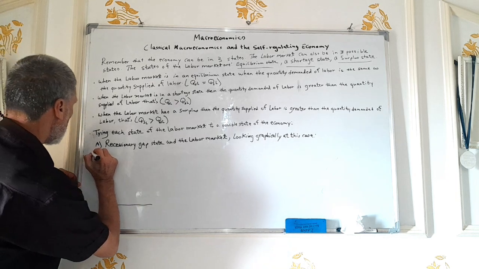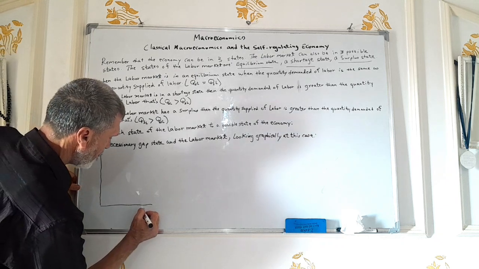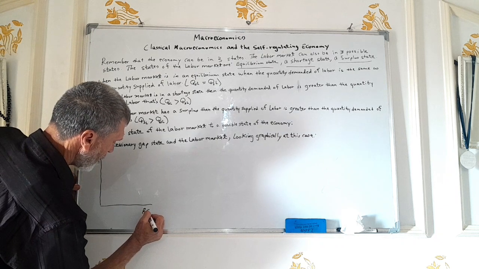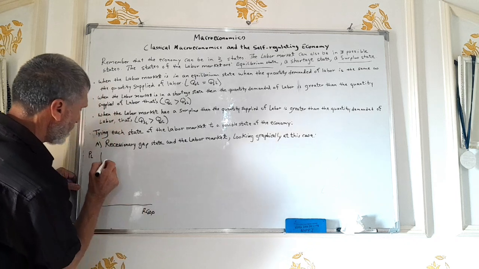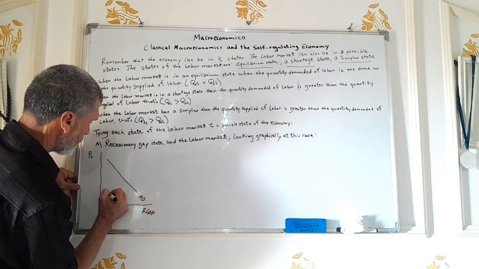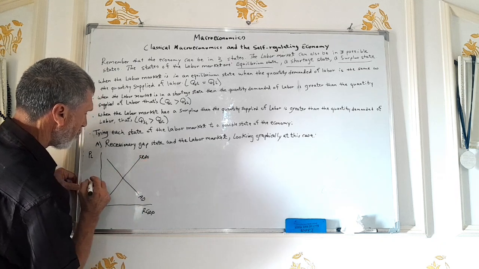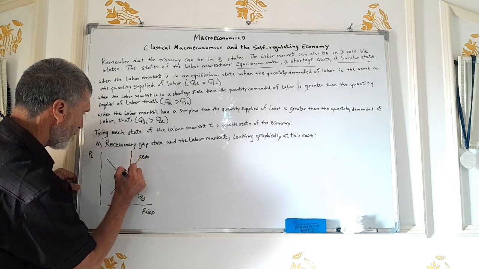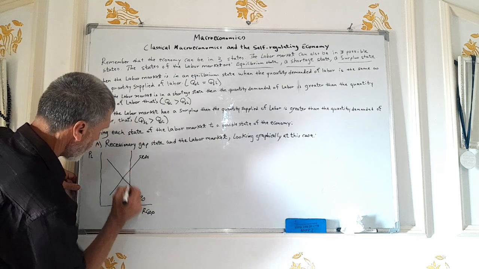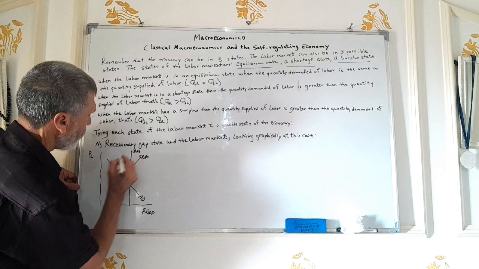This is price level. This is real GDP. This is aggregate demand. This is short-run aggregate supply, of course. And this is what you get here, long-run equilibrium. This is long-run aggregate supply over here.